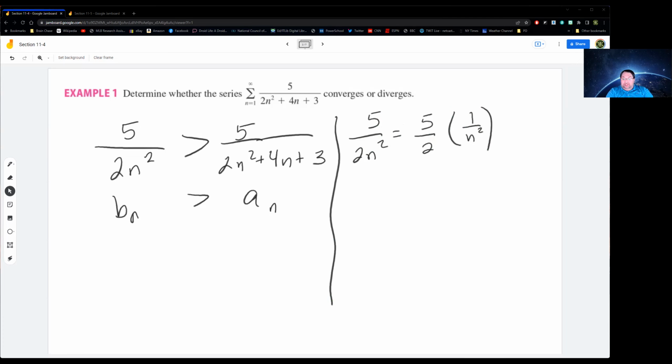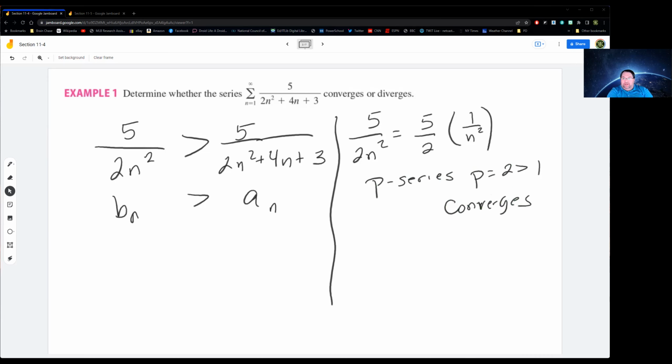So actually, this isn't a geometric series. This actually ends up being a p series, because my exponent is numeric in this case. And my p-value is 2, which is greater than 1. So it converges.